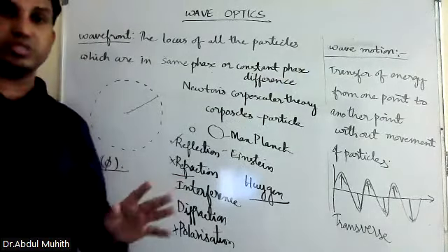Motion and direction of particle. Please copy this one, then we'll go ahead. We'll discuss in phase, out of phase, constant phase difference. Then we'll discuss about wavefront. Some more ways in which wavefront can be explained.